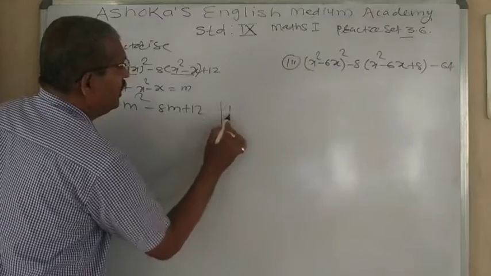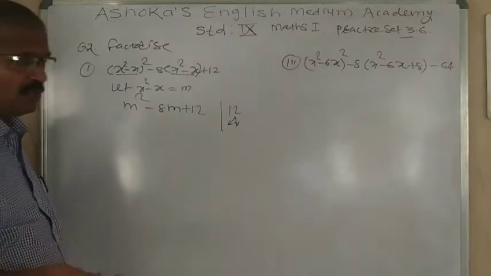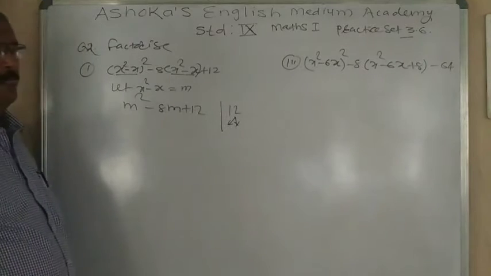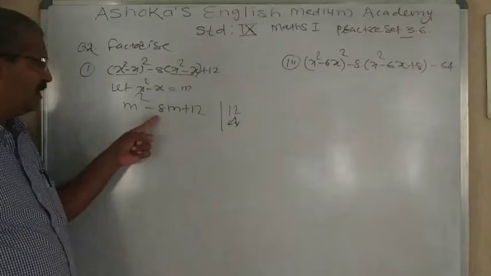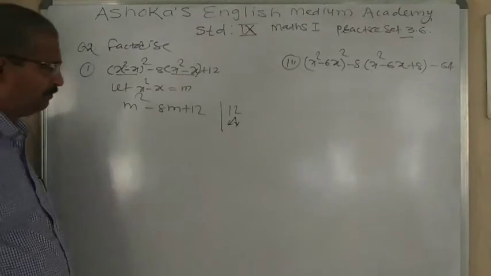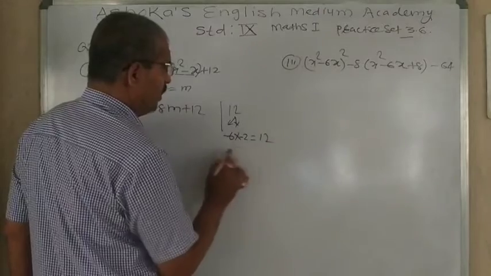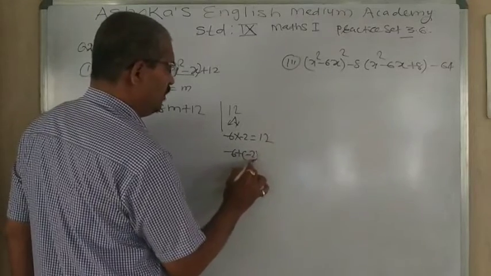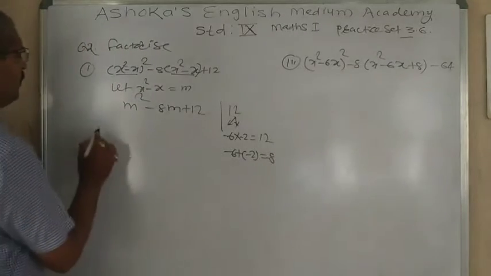Now we should split this 12 in such a way that their product should be equal to the constant term, and the sum of the two numbers must be equal to the middle term. Now minus 6 into minus 2 is positive 12, minus 6 plus minus 2 is equal to negative 8, the middle term.